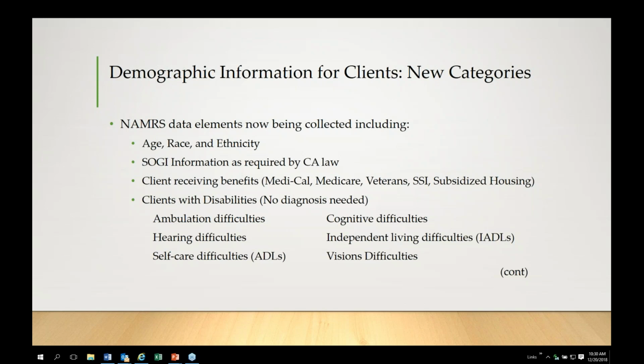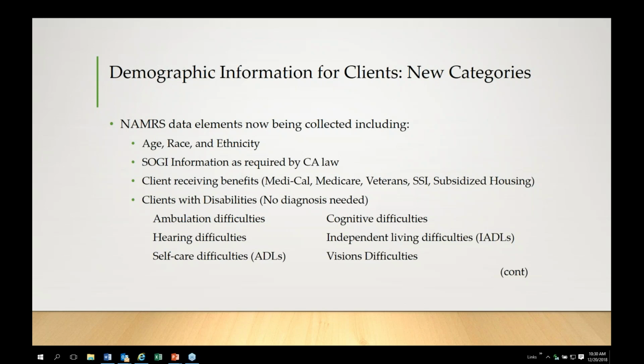So you need to ask people what race they identify with if they tell you they're Hispanic. We are going to be collecting the SOG information, which is the sexual orientation, gender identity information. My guess is you've already had some training on this in your counties because the law on this went into effect earlier this year.